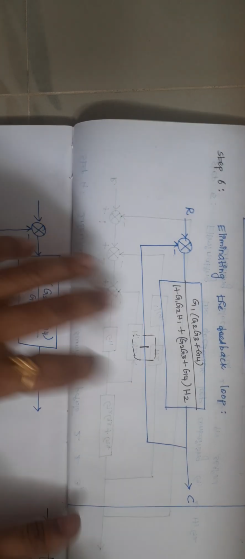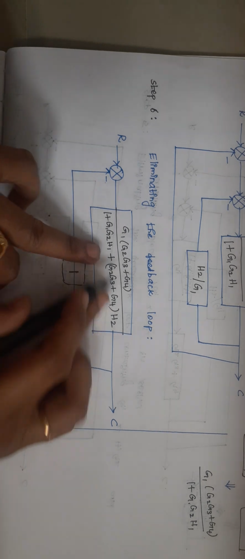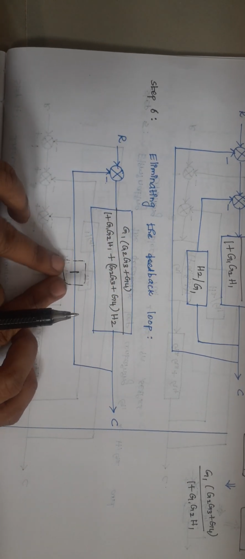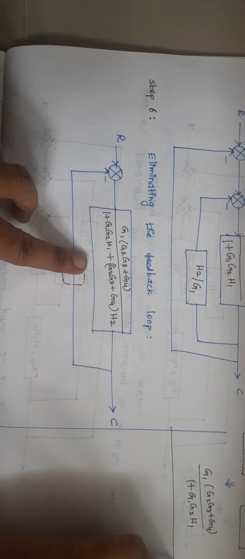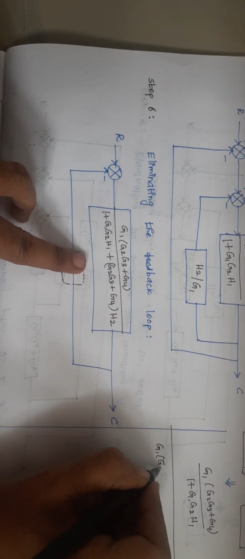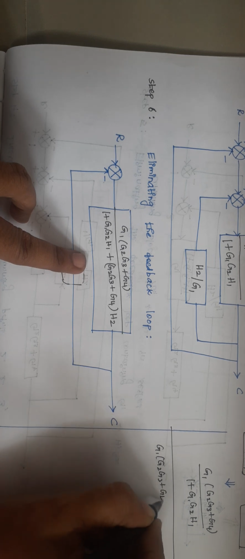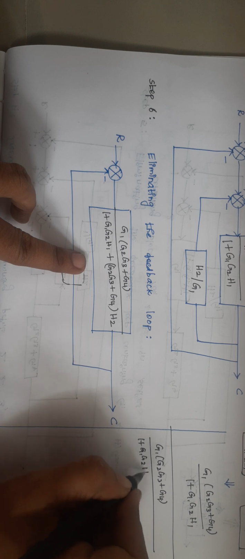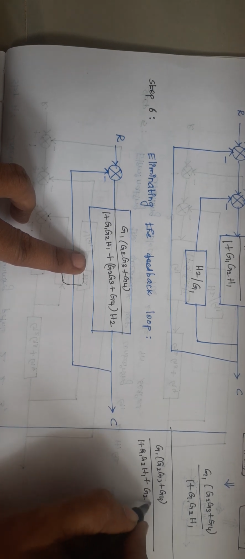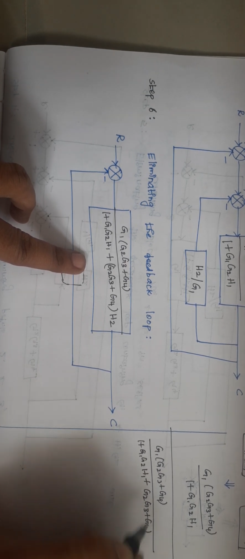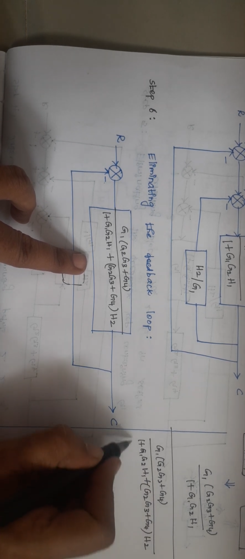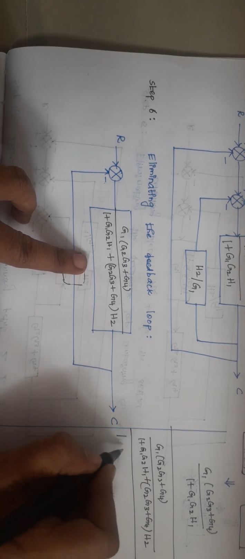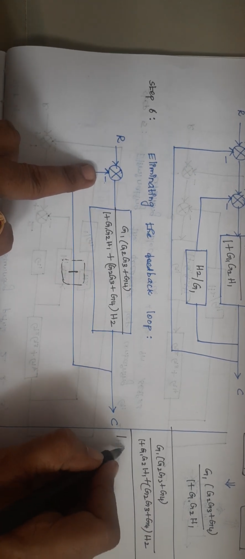So the formula here will be G. This entire expression represents G and this one represents H. So G is G1 into (G2 G3 plus G4) divided by 1 plus G1 G2 H1 plus (G2 G3 plus G4) into H2. This is our expression G, right? Again, the type of feedback is negative, so I have to include plus.